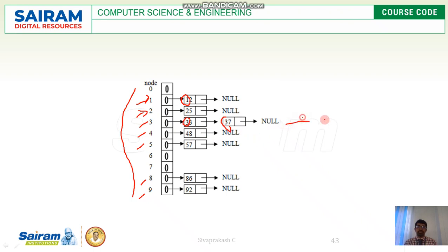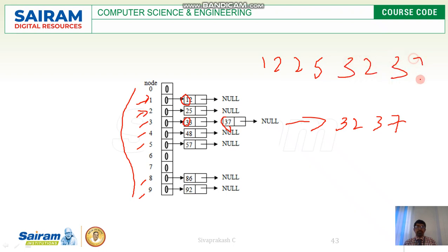When you insert, you see that 32 is inserted first, followed by 37. Take out the numbers from the nodes and place them. You'll be getting 12, 25, then 32, followed by 37, then 48, 57. Then you will get 86 and 92. Finally, all the numbers are arranged.